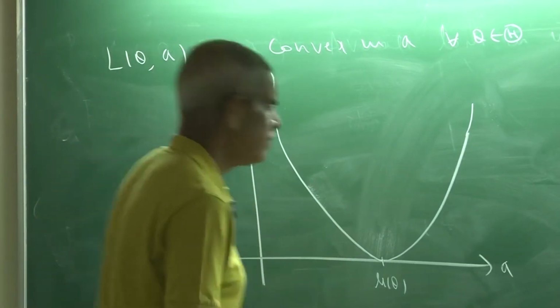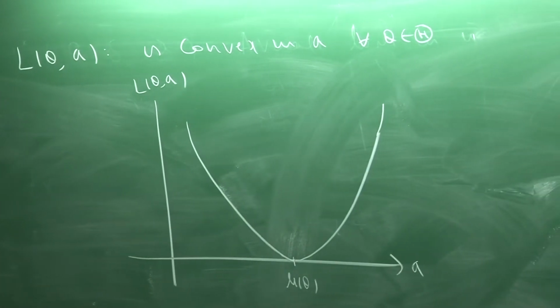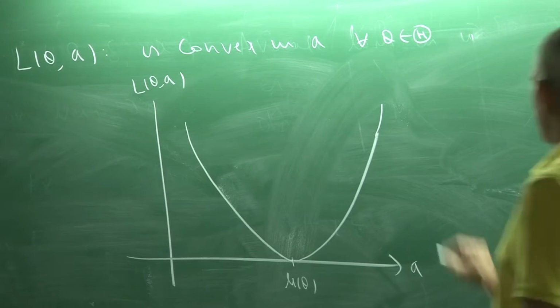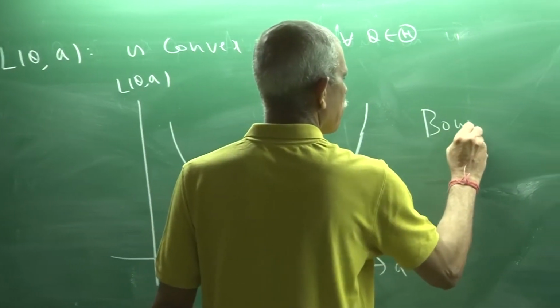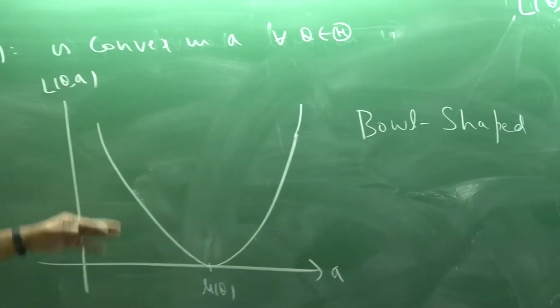This loss function is called bowl-shaped. What is a bowl-shaped loss function?